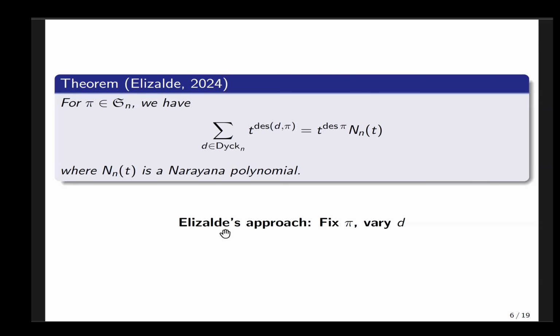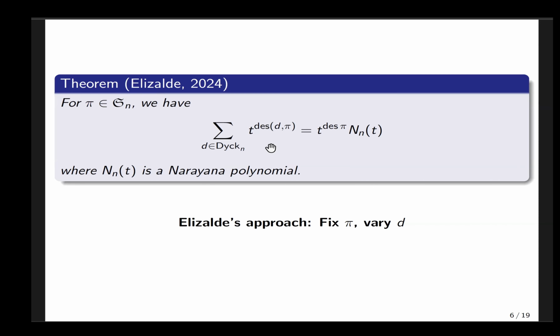So what Elizalde did was to fix, well, one of his results, first of all, was to notice that if we fix a permutation, for example, fix always the identity permutation to label the Dyck path steps, and then you range over all possible Dyck paths of this length and take the descent generating polynomial, you will always end up with a Narayana polynomial, which is a famous polynomial that enumerates peaks on Dyck paths.